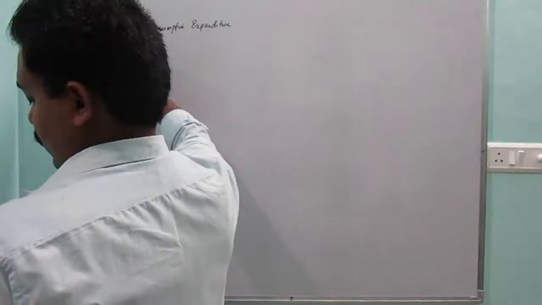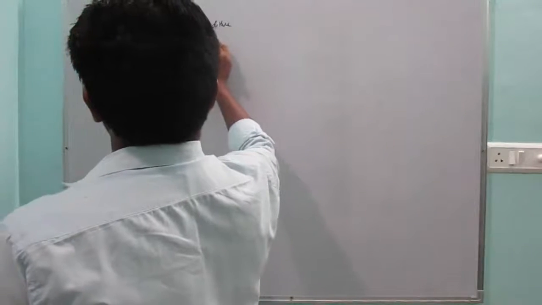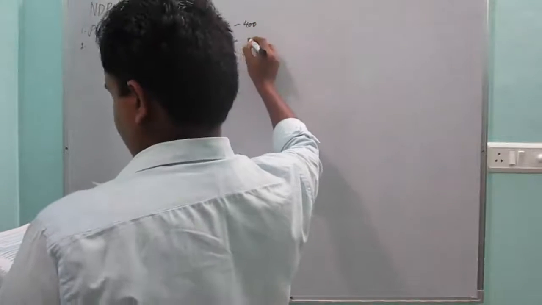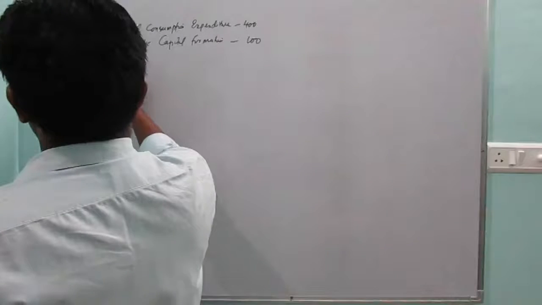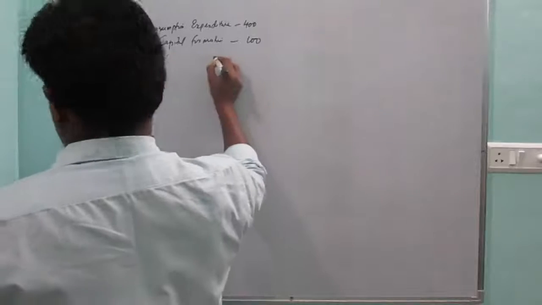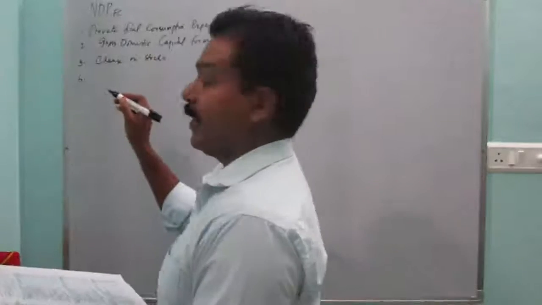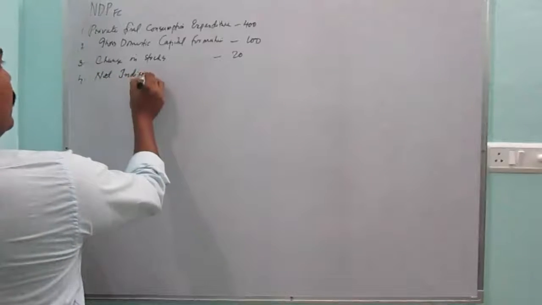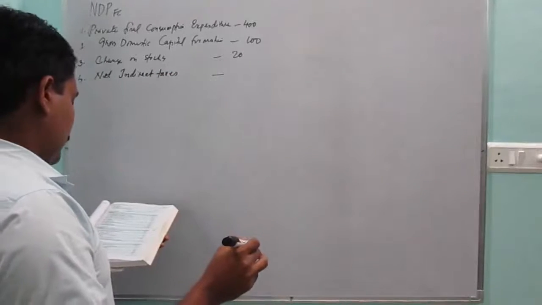Gross domestic capital formation is 100. Next one, change in stock is 20. Next one, net indirect taxes is 60.